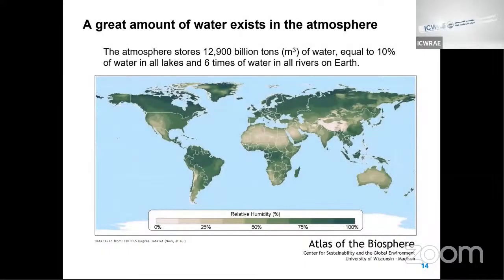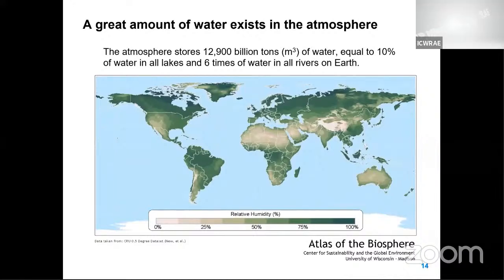Now, moving on to the second topic, atmospheric water harvesting. Now, there is really a lot of water in the air. It is said that the amount of water constantly stored in the atmosphere is about 6 times all water in all of the rivers on Earth. Therefore, getting fresh water from the atmosphere is an interesting idea.